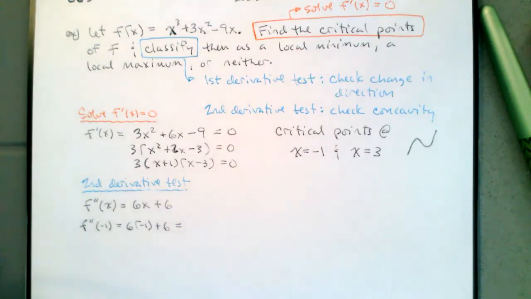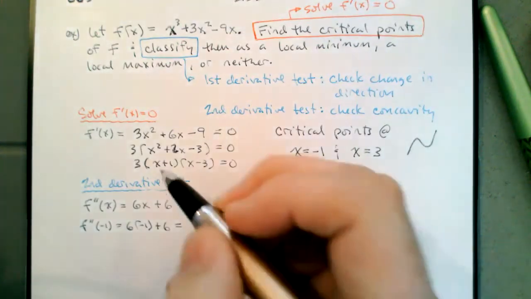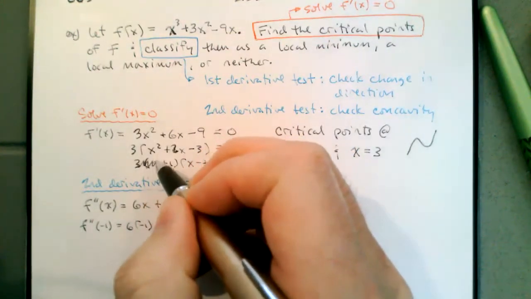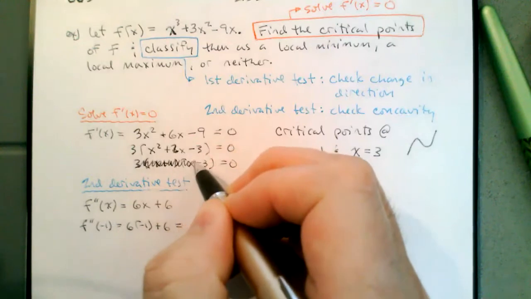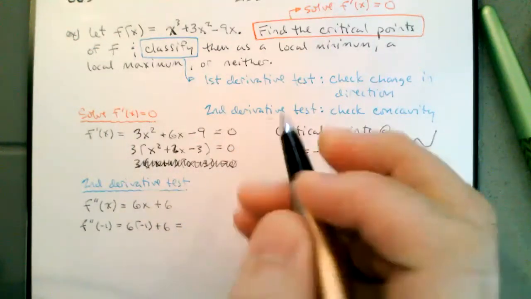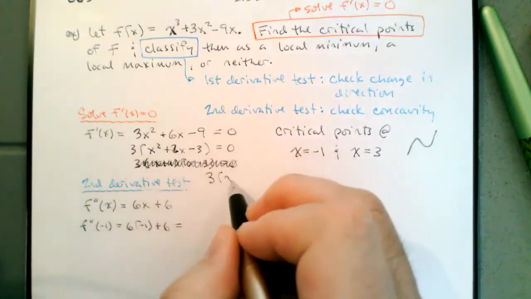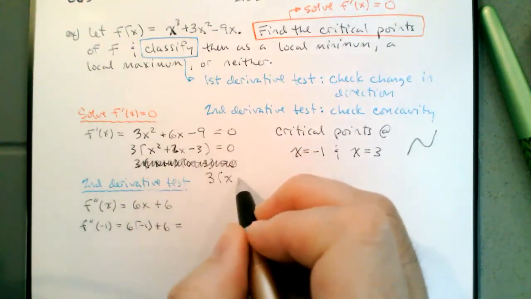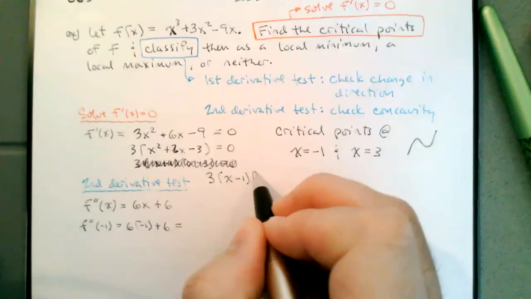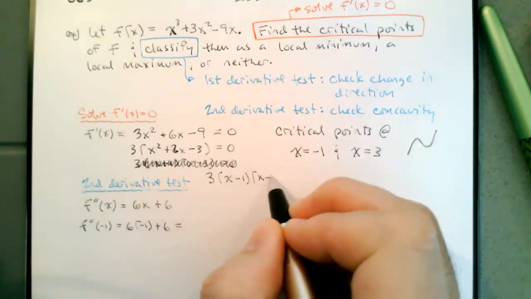Oh, the factoring part. Awesome. Algebra got me. It should be x plus 1, minus 1, and x plus 3.